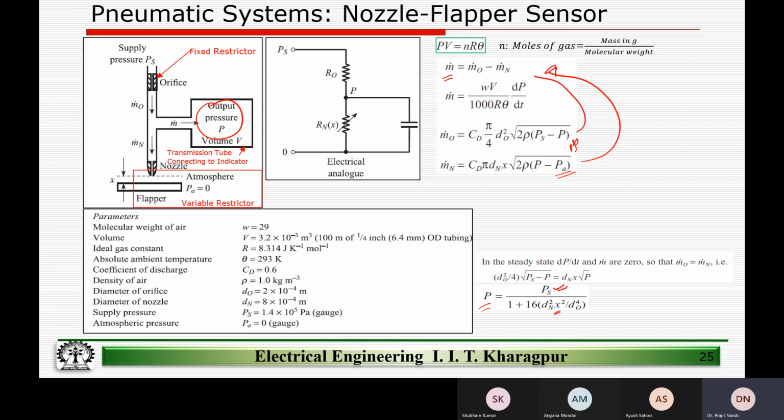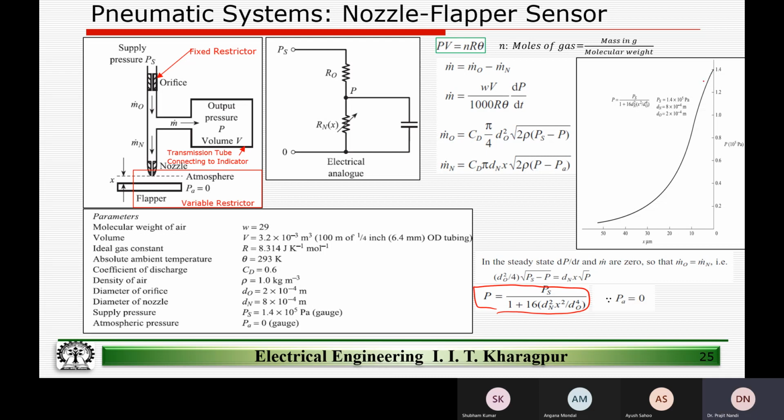PS is constant, we know PS. We know Dn, the diameter of the nozzle, and we also know the diameter of the orifice through which we are supplying the air pressure, right? So this is the expression that we end up getting.